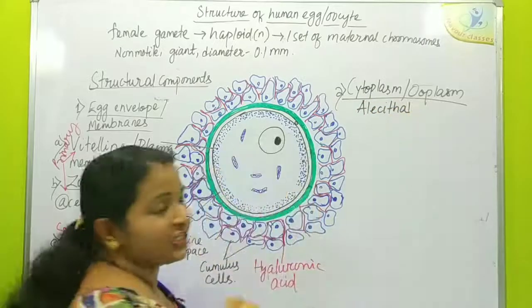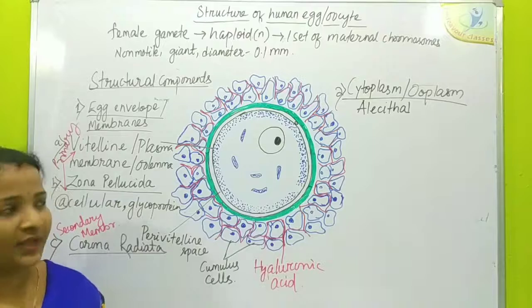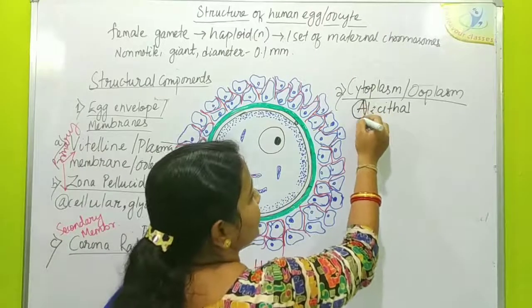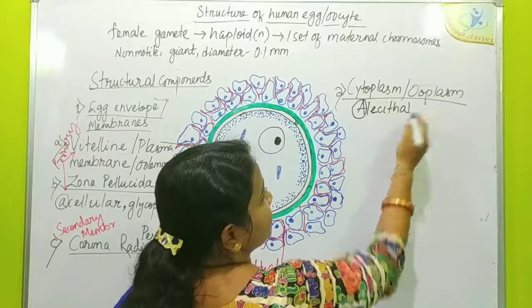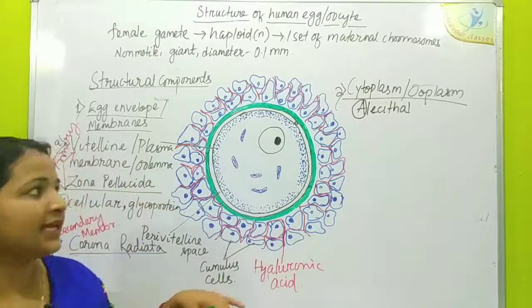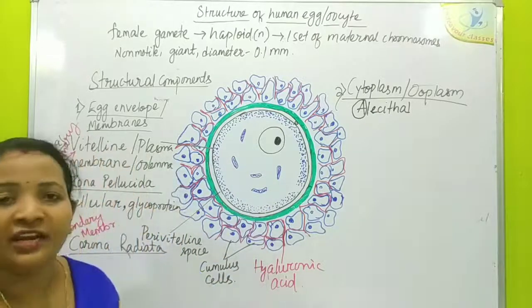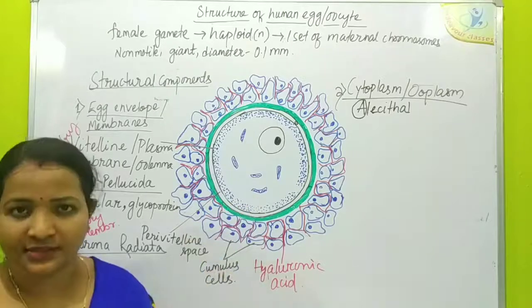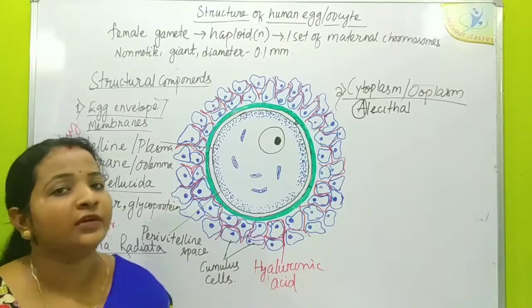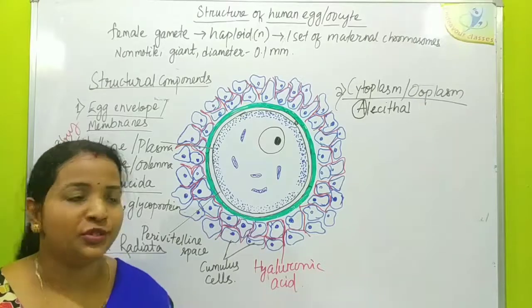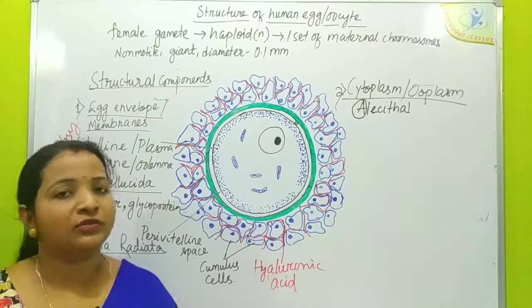What does it mean? There is a term lecithos, which means yolk, and yolk means stored food. A refers to absence, so absence of yolk. Human eggs are usually alecithal. That means there is no need for yolk inside the eggs, no stored food is required, because the placenta is going to be developed to nourish the embryo and the fetus.